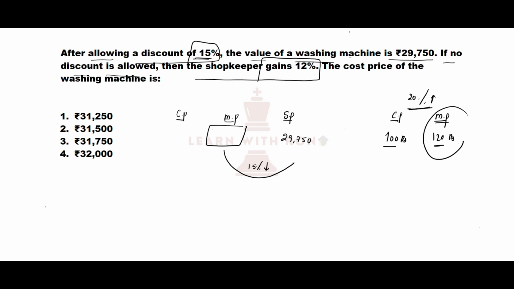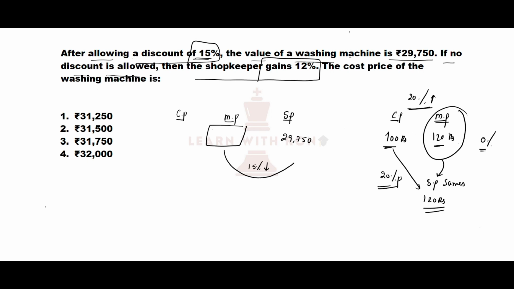Now on this mark price I did not give any discount, 0% discount. If I don't give any discount, the marked price and selling price are the same, right? So I sold the same article for 120 rupees. Now see the profit percentage here, cost price and selling price, here also 20% profit.